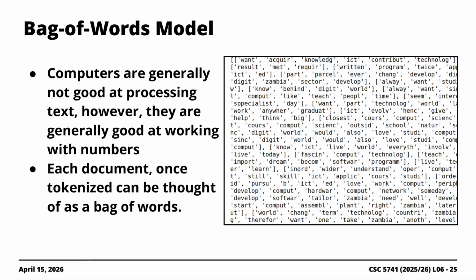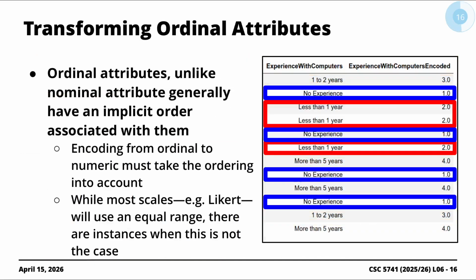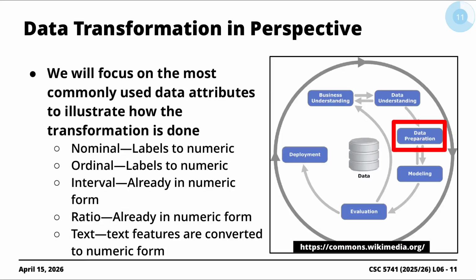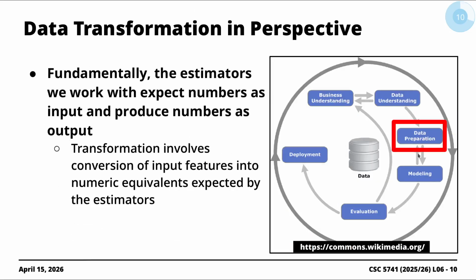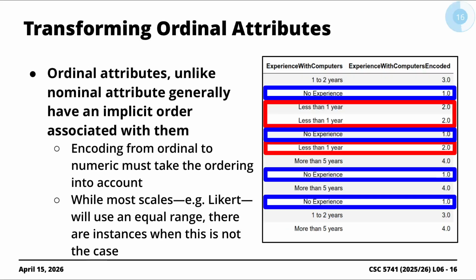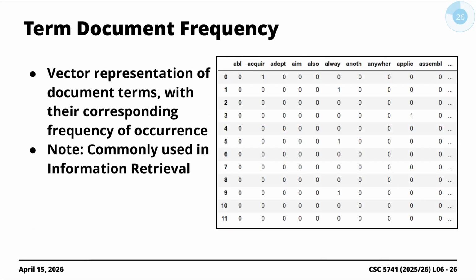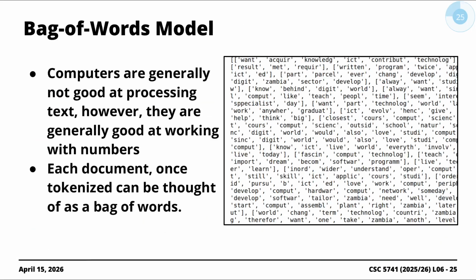The motivation for converting this into numbers is that the estimators we use in the modeling phase, number 4 here, expect the output from data preparation to typically be numeric values. So if we have text, how do we convert text into numeric? There are a number of techniques, like the bag of words model.